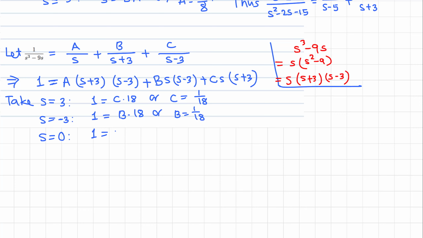So A times 0 plus 3 is 3, times 0 minus 3 is negative 3. 3 times negative 3, negative 9. So A times negative 9, so A equals 1 over negative 9, which is the same as negative 1 over 9.